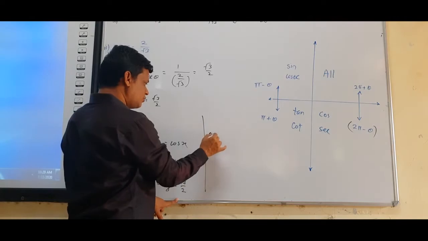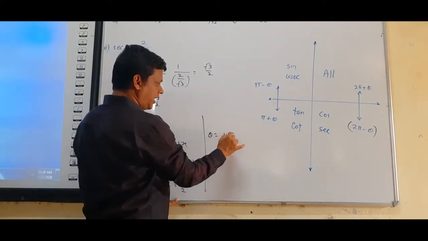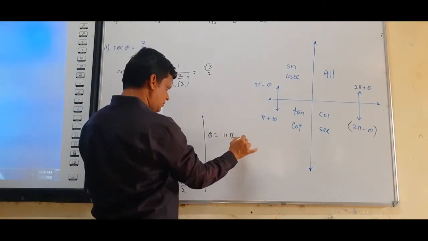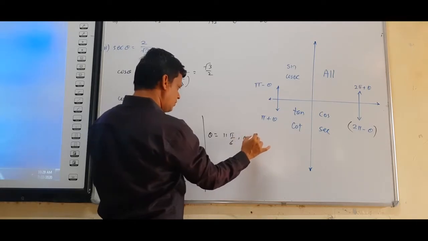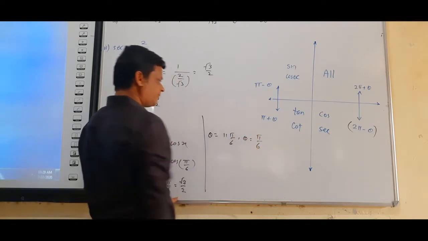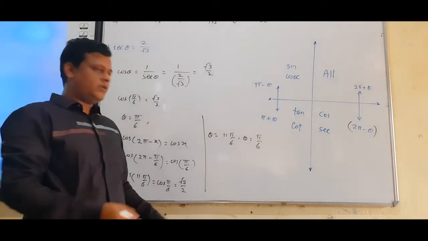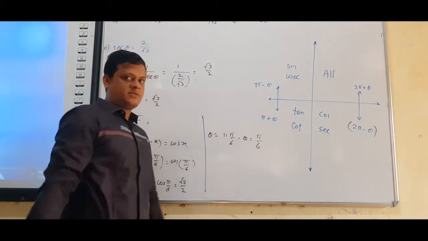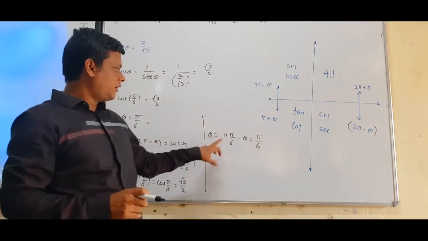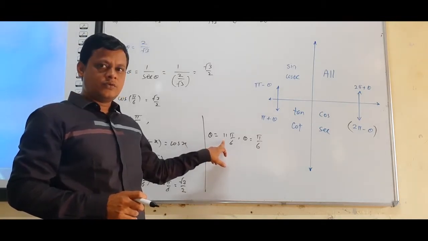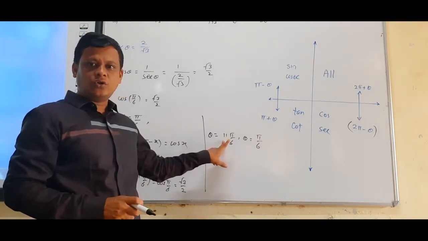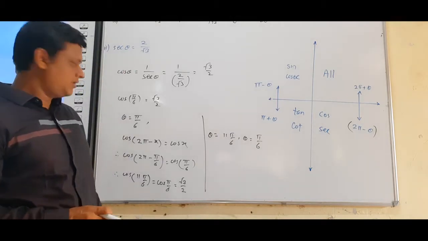Therefore the principal solutions are theta equals 11 pi by 6 and theta equals pi by 6. Now you can check the value. Pi by 6 is 30. 11 into 30, so we get the value 330, which is less than 360.